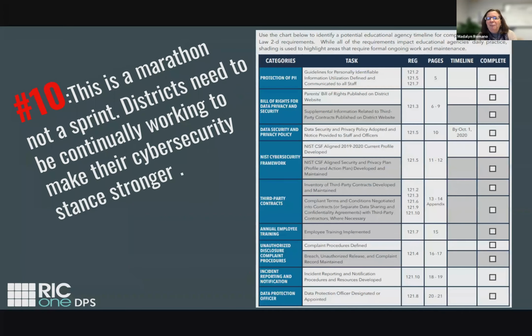Jason, I just wanted to jump in. I did a survey down in my region of data protection officers and what other titles they hold in their organization. I have 62 districts at Lower Hudson, and there's only one district out of the 62 where the DPO, that's their only job. The rest of them are a combination, as you said, of directors of technology, of chief information officers.